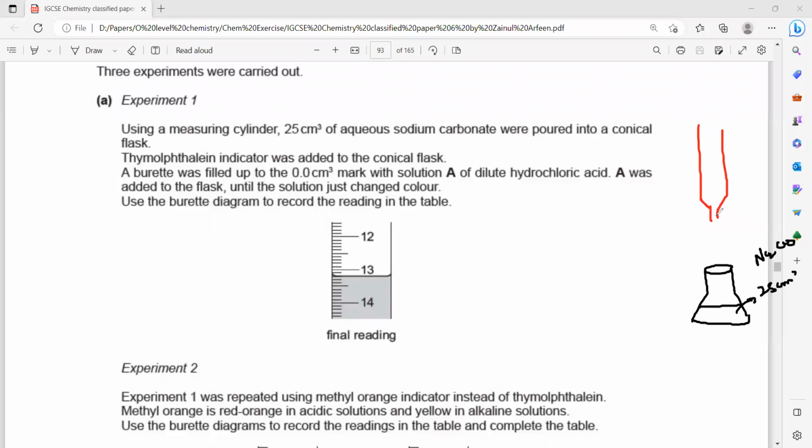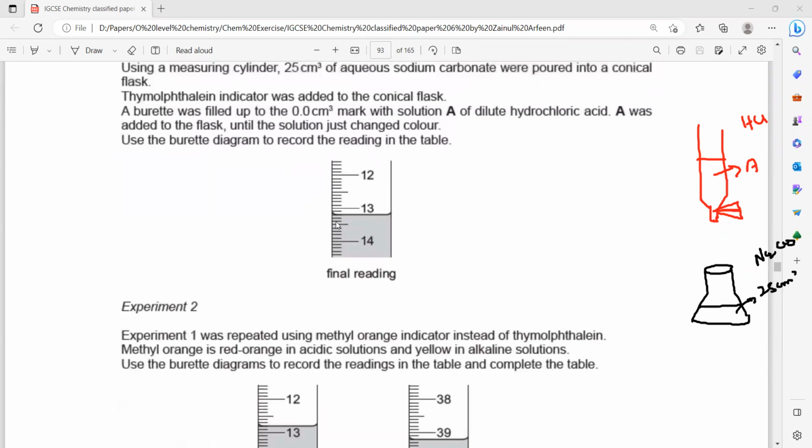Like the previous experiment, there was an unknown solution, but this time it is unknown in terms of concentration, not the type. It's HCl, but not of a known concentration. So a burette was filled with HCl, and initially it was at the 0 mark. Use the burette reading, the final reading.